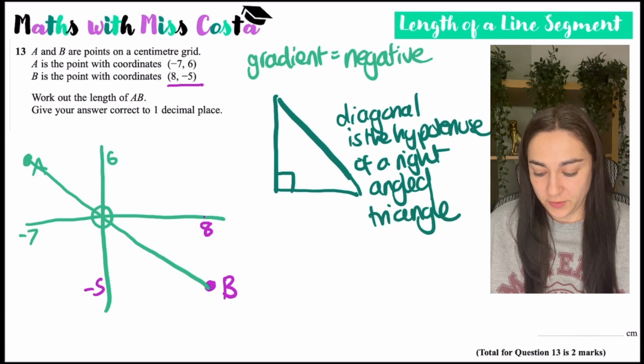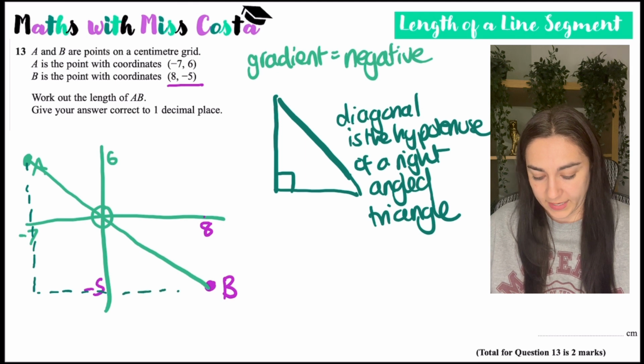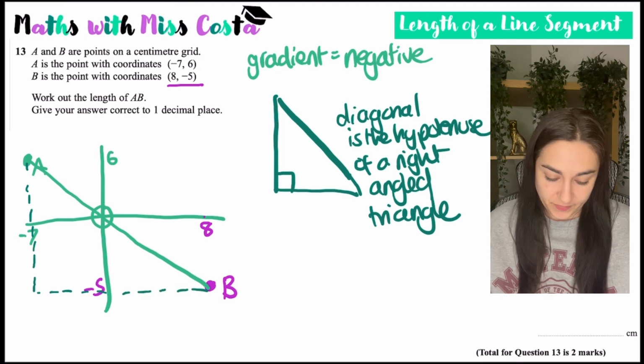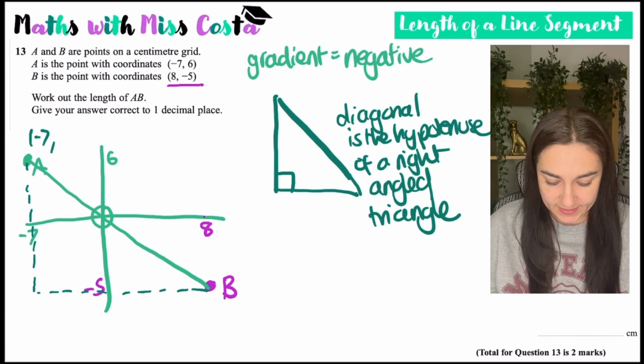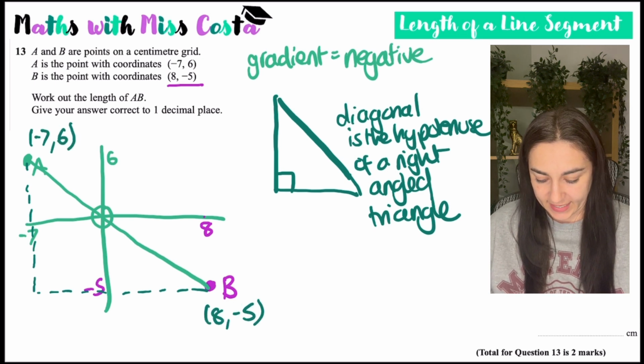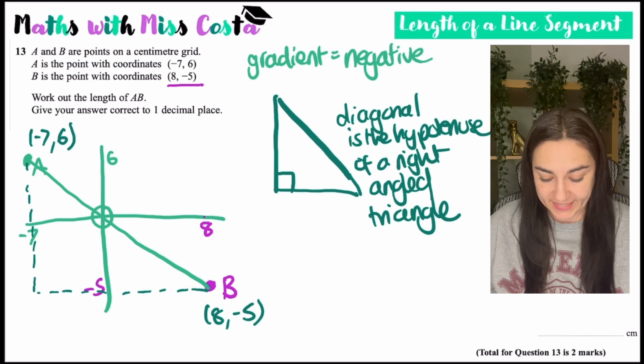So if we know that, what we can do is we can just create a right-angled triangle here on this grid. Now we know that this coordinate A is -7, +6, and this coordinate is 8, -5. So we can figure out what the height and the base of this right-angled triangle would be.